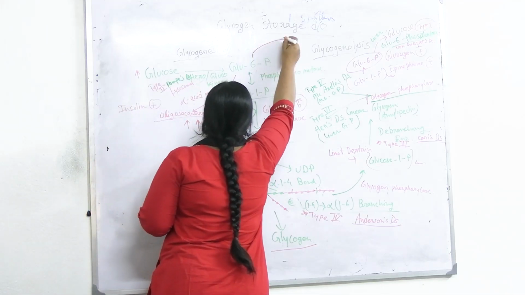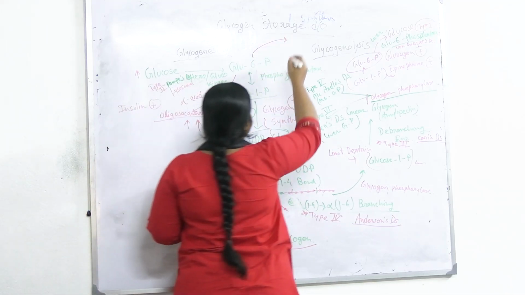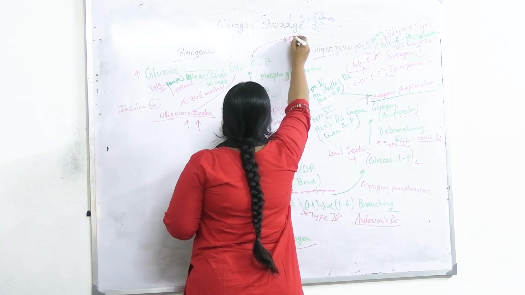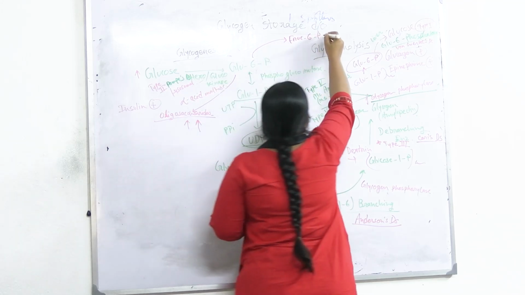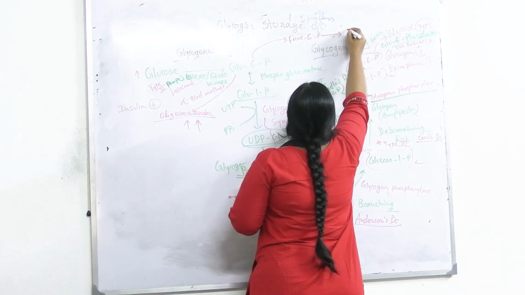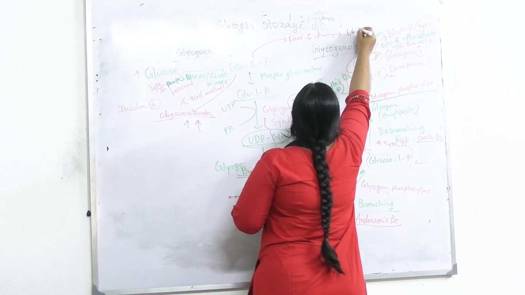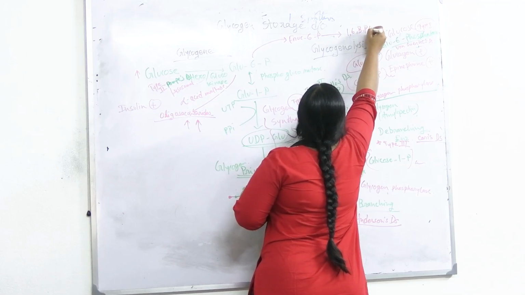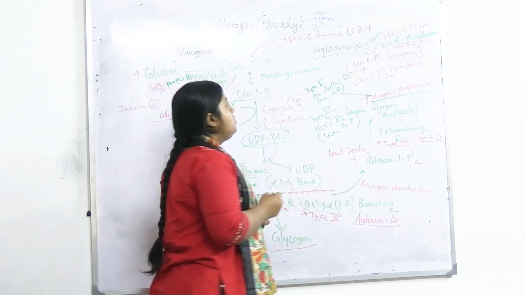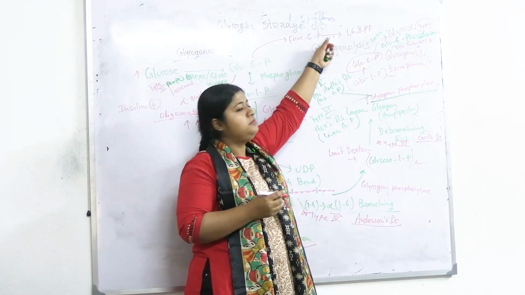Glucose 6-phosphate can be converted into fructose 6-phosphate and can be converted into fructose 1,6-bisphosphate. Okay. So what is the enzyme?